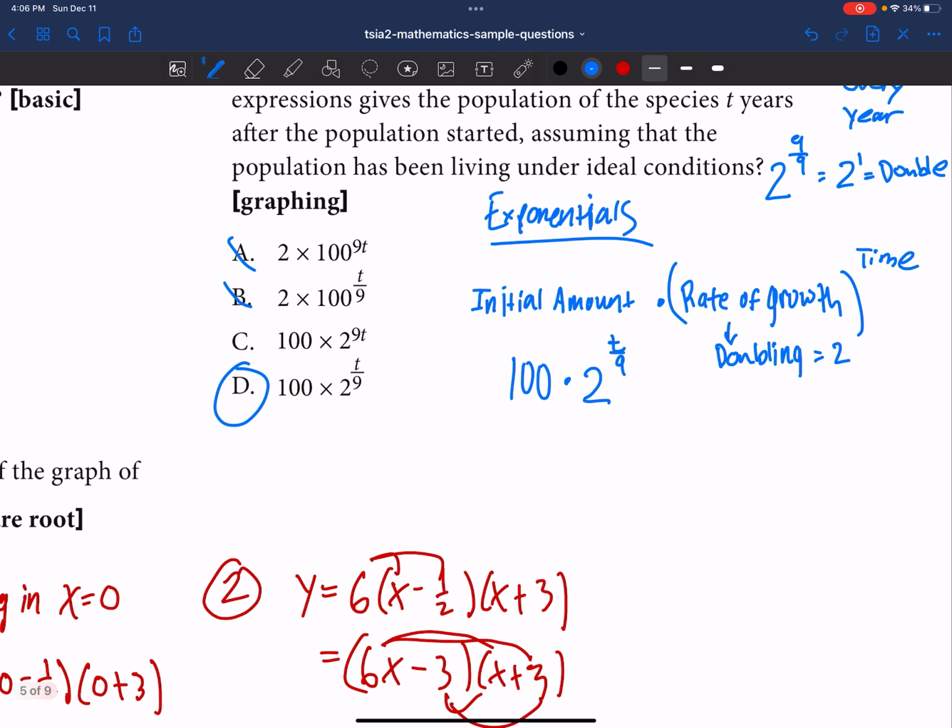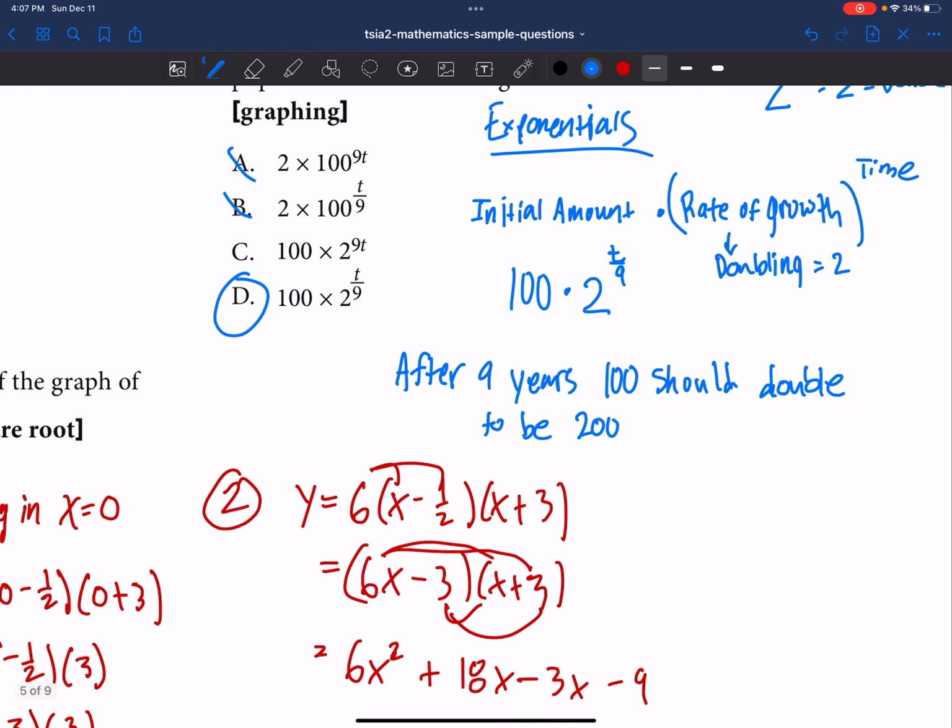All right, so you could think of this as after 9 years, 100 should double to be 200. So if you compare option C, 100 times 2 to the 9 times 9, that's 100 times 2 to the 81.